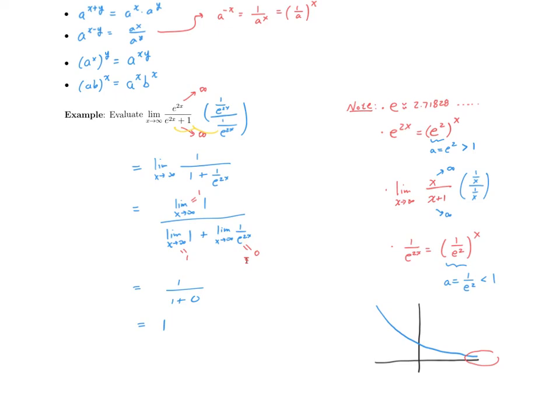So if you're feeling a bit rusty with your limit laws, this would be a great opportunity to turn back in the book to the section on limit laws and review a few of those basic properties. And of course, if you have questions, feel free to reach out and let me know. Also look at the corresponding suggested problems for this section in the book.